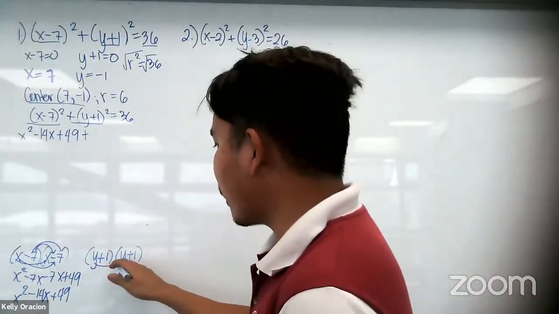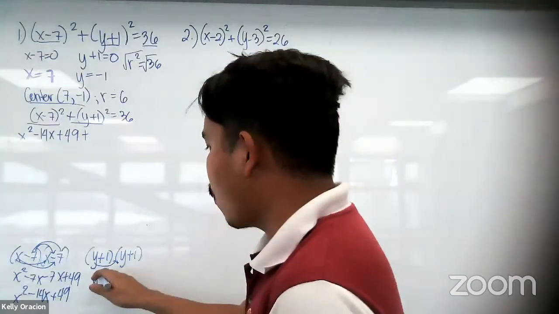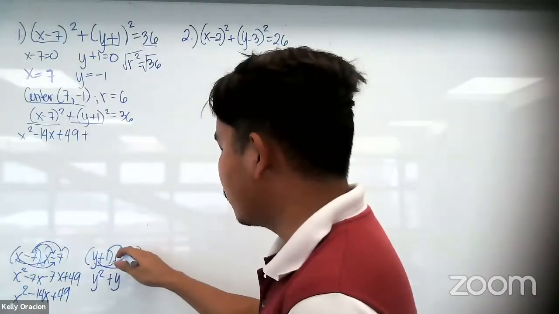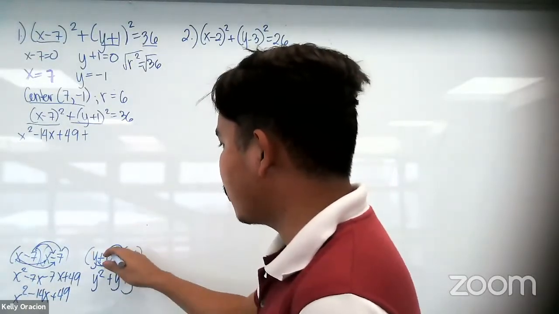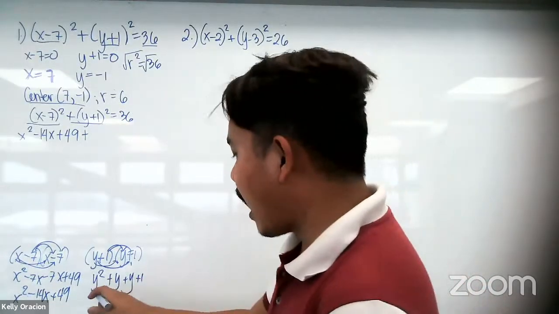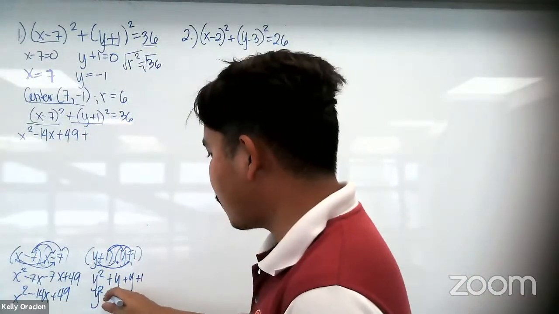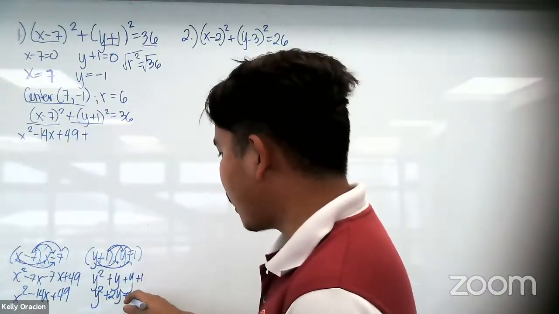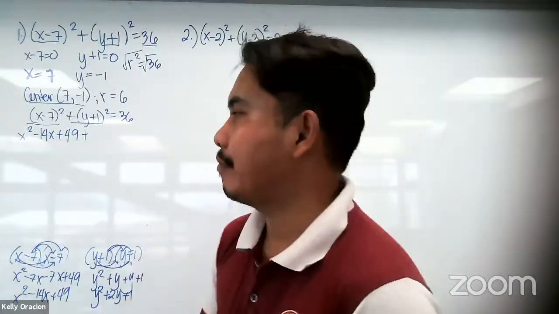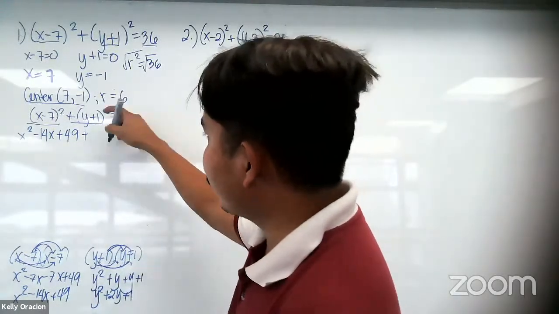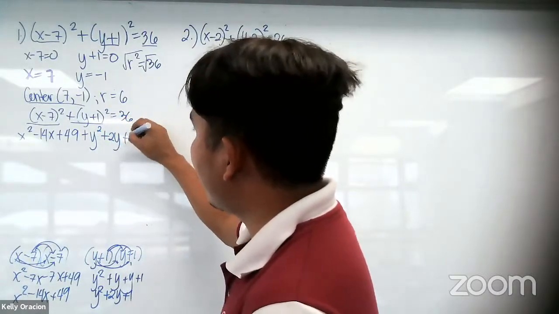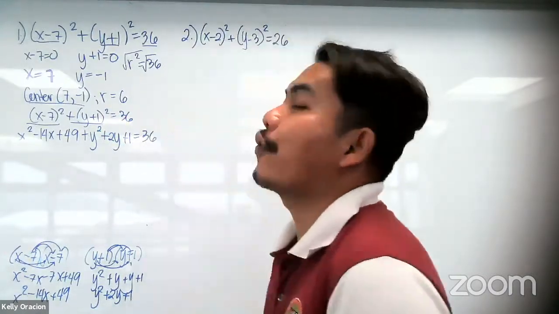So distribute: y times y is y squared, y times 1 is positive y, and 1 times y is another y, and 1 times 1 is 1. Simplify: y squared plus 2y plus 1. So the expanded form of this one, y squared plus 2y plus 1, is equal to 36.